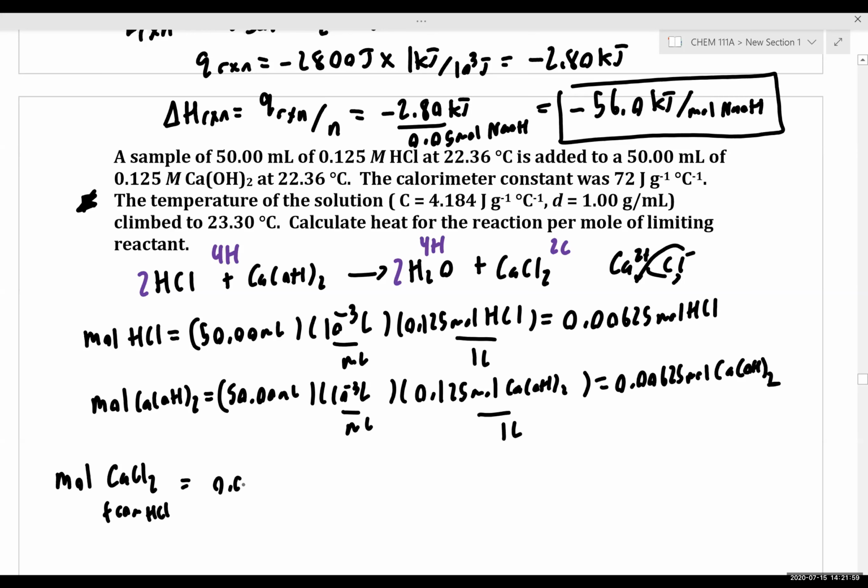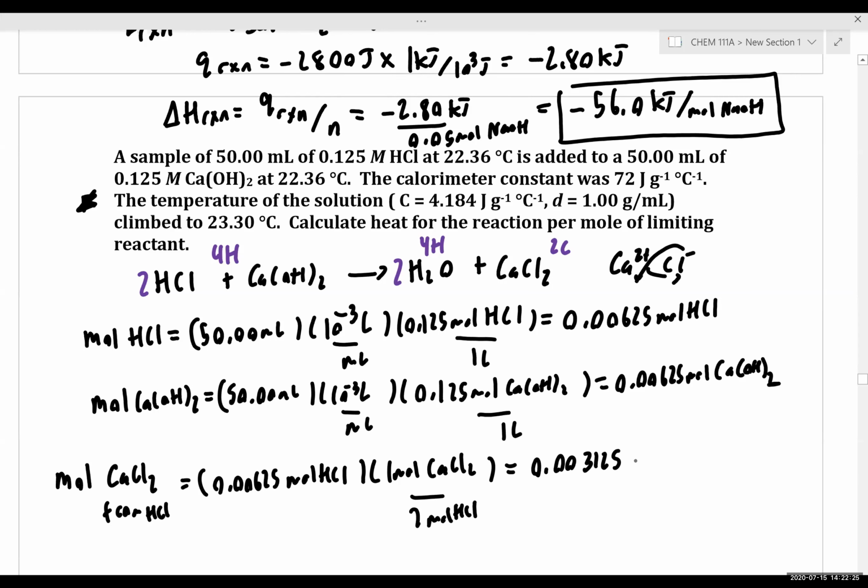We have 0.00625 moles of hydrochloric acid. We have 1 mole of calcium chloride for every 2 moles of HCl, and that in turn gives us an expected yield of 0.003125 moles of calcium chloride.